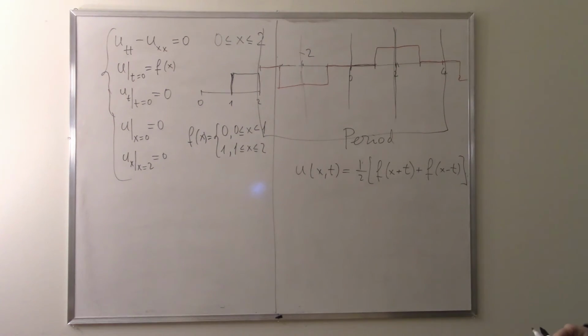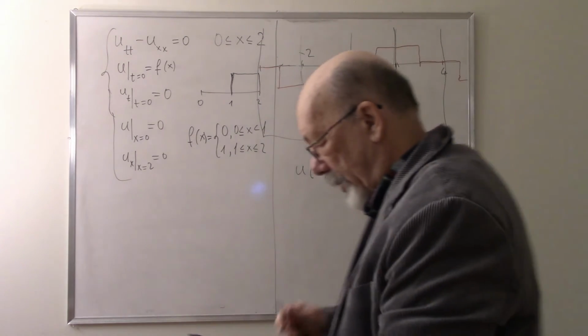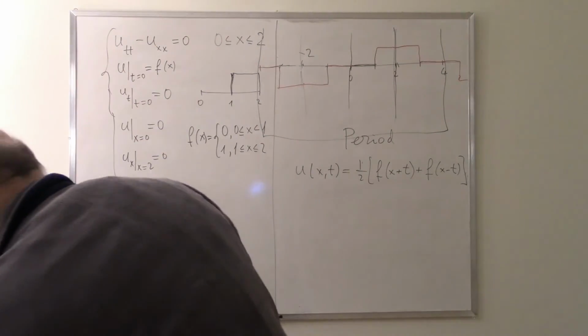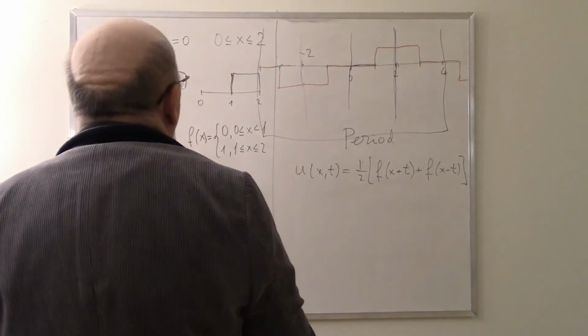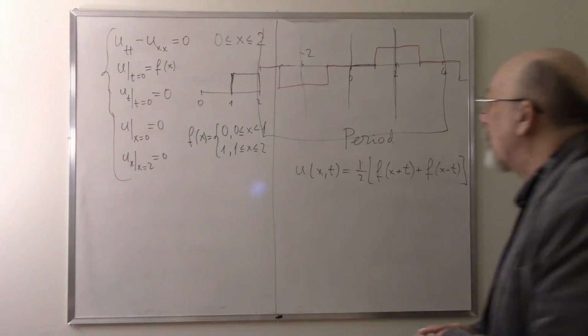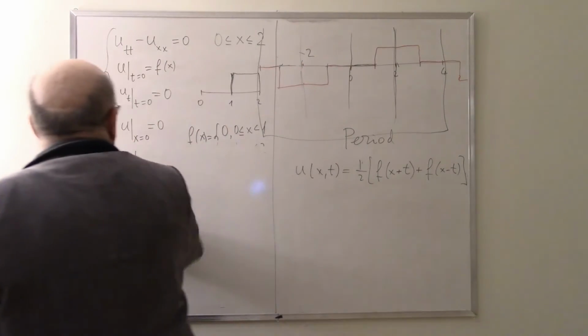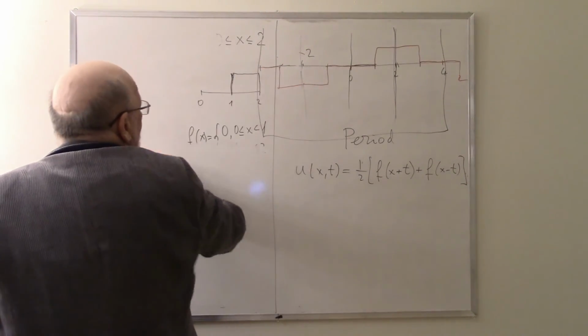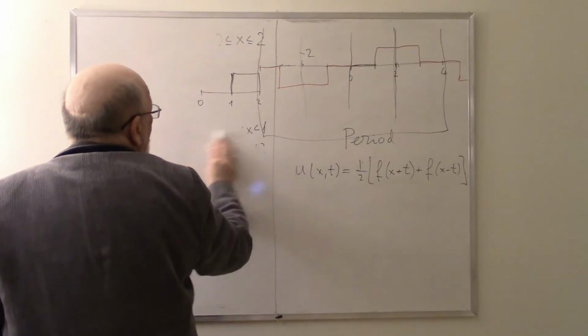Okay, and now we have to find this function by this formula. So I have to draw a larger picture. So let me use the whole blackboard. Is it a blackboard? No, it's a whiteboard.